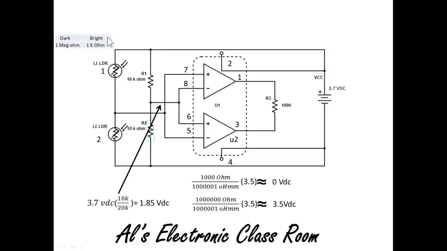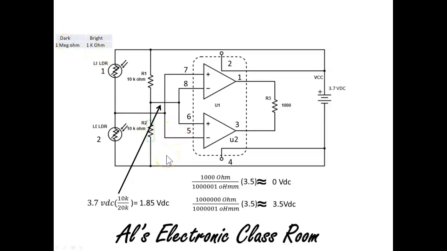So that's 1,000,000 ohms to 1,000 ohms, about 1,000 times bigger. So across each LDR, depending on whether I have a light source shined on it or not, the LDR is either going to be 1,000 ohms or 1,000,000 ohms.